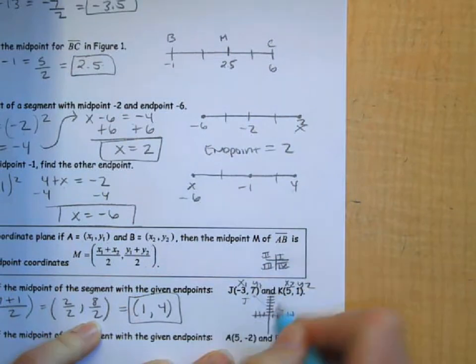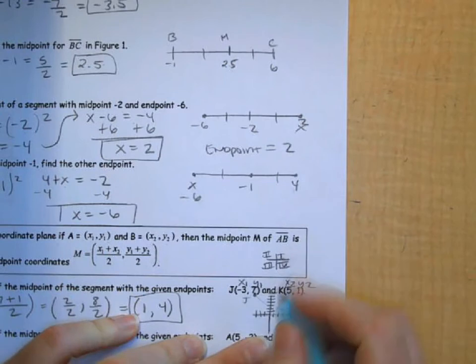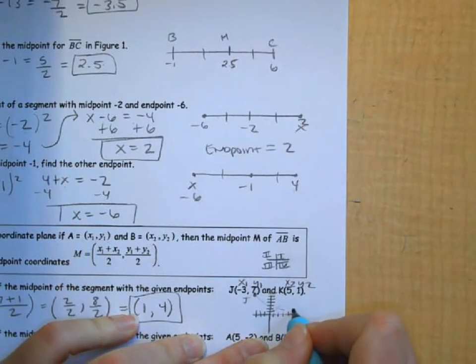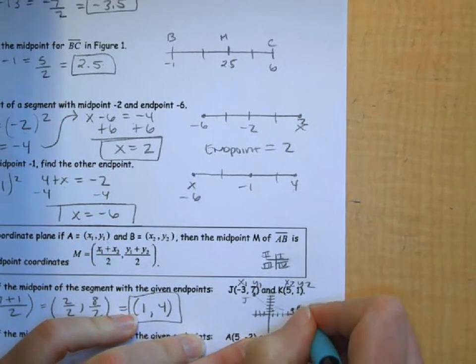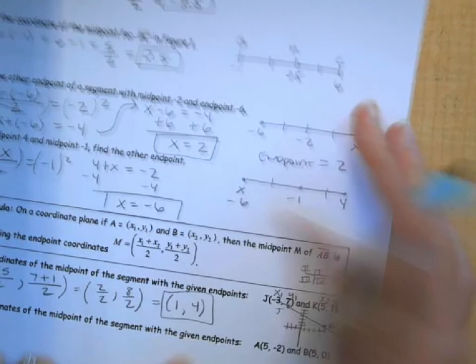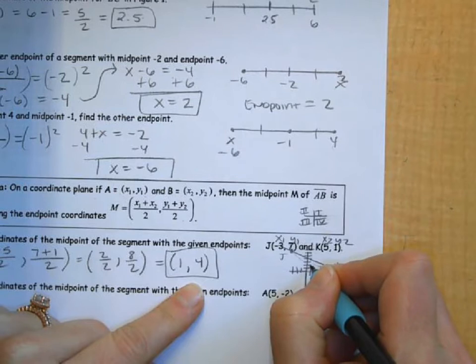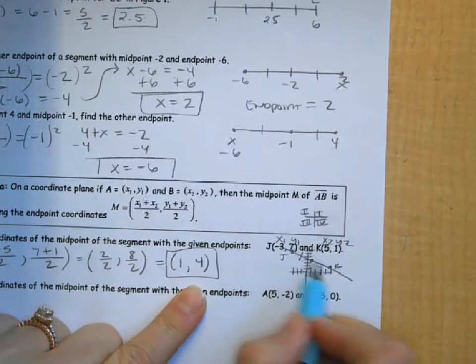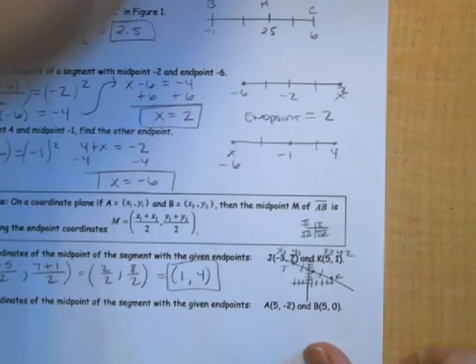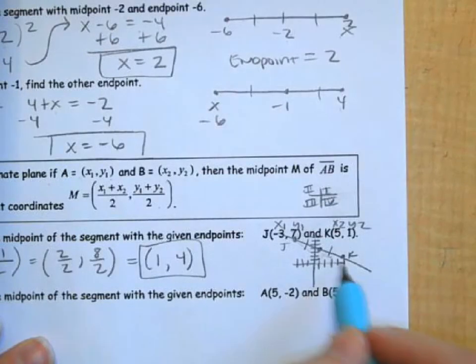So this one was right, -3, 7. That's my J value. But then 5, I went 1, 2, 3, 4, 5, and then up 1. I was wondering why that was not on our graph for that midpoint. So there's our value. And now our 1, 4 should be the midpoint of our actual segment. So 1, we go to the right one, and then 1, 2, 3, 4. So yay, this looks about the midpoint of our two congruent sides. So that's our midpoint of our actual segment on a coordinate plane.